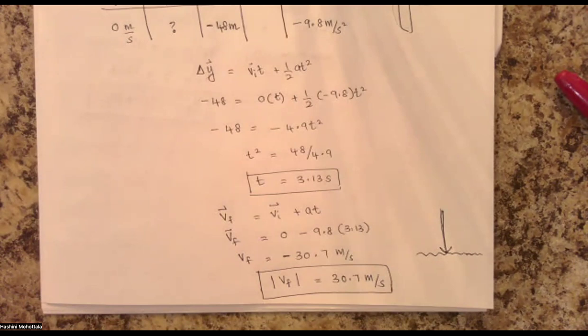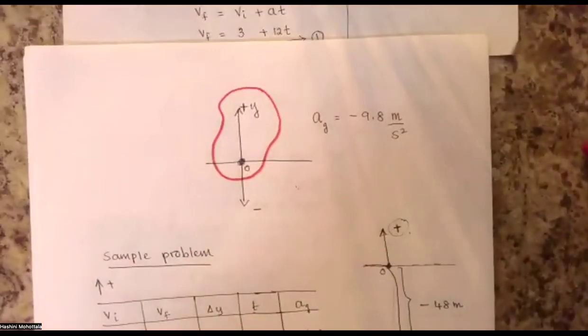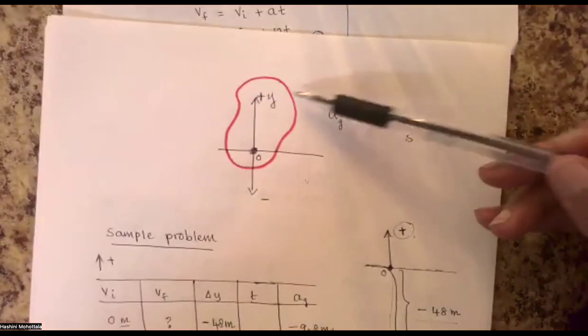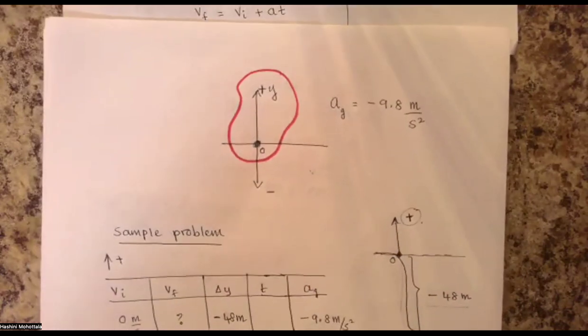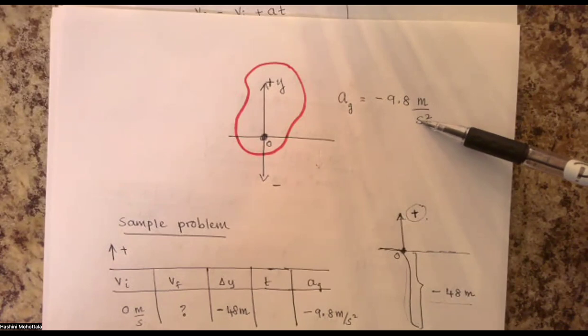Can you just explain one more time how you got negative 9.8 for the acceleration and not just 9.8? Because I go back here, I said that I pick plus as my positive direction. With respect to this direction, acceleration is negative 9.8.